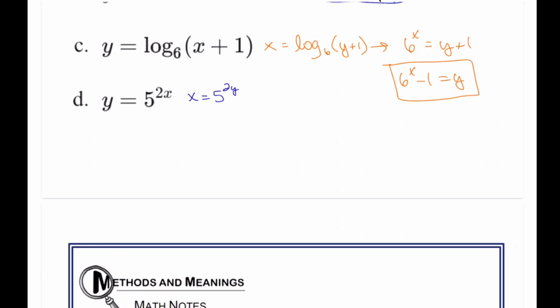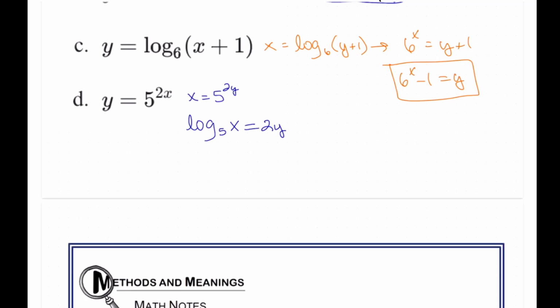Logarithm, starts with an L. So log base 5 of our number x equals our exponent. And what's our exponent? 2y. Yep.